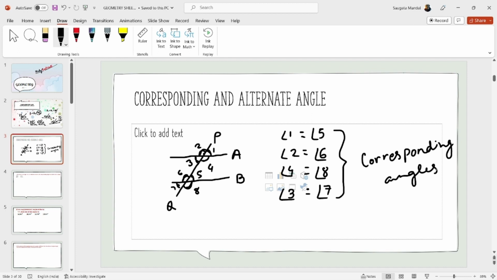Now we will discuss the topic of alternate angles. Look at the diagram. When we see the Z shape in the picture, then we can easily say that they are alternate angles to each other.